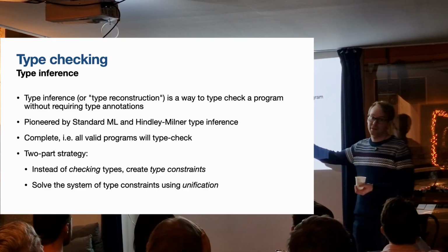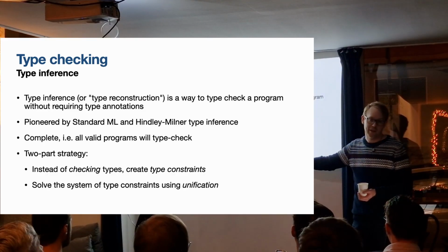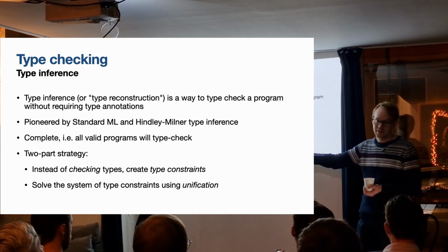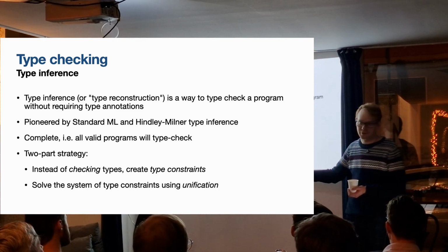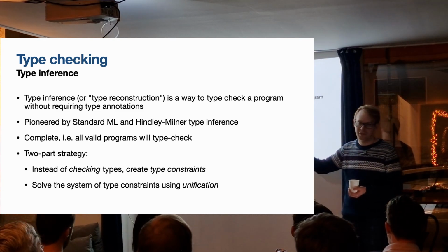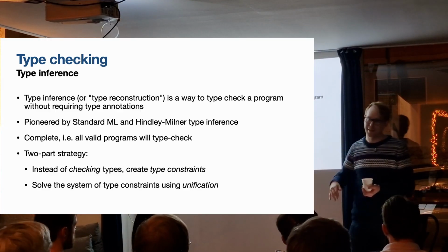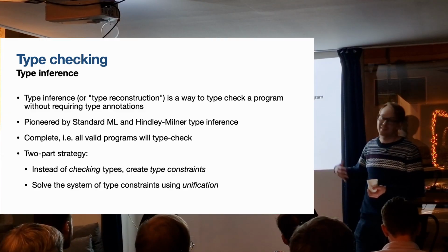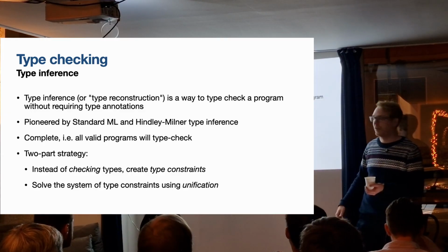Another interesting property is that, at least in the basic form, it's shown to be complete, as in any valid program will actually succeed at type checking. So it doesn't matter how complex the program is, it can always infer the types. And of course you can break this in a million fascinating ways, but at least the core idea is that it should always be possible to infer the complete type of a program.